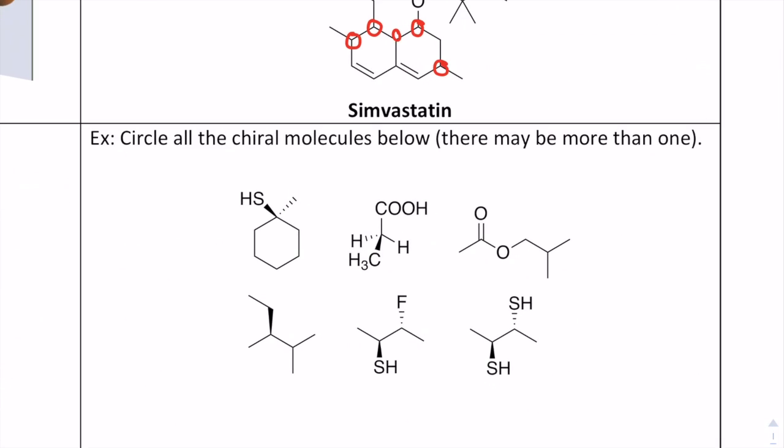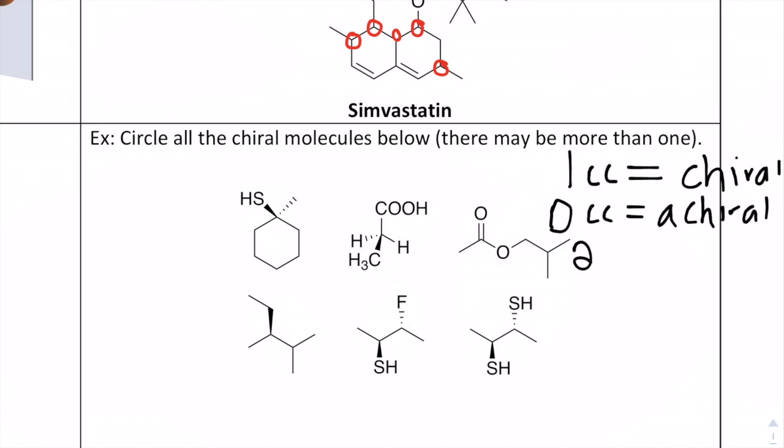Okay, so let's practice chirality. There are a few guidelines that we should go through. If a molecule has one chiral center and only one chiral center, it's always going to be chiral. If you have 0 chiral centers, it's definitely going to be achiral.